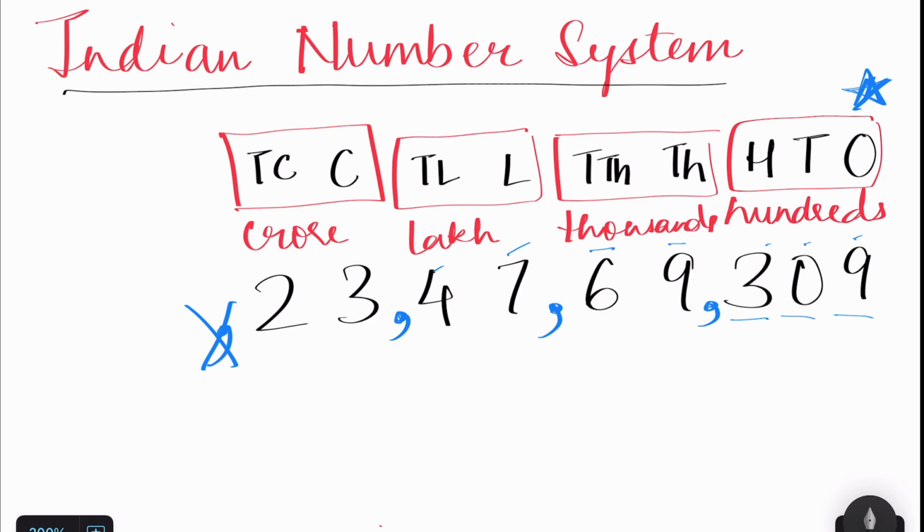It makes it easy to put the commas. So in the Indian number system, we have this pattern, right? So first three numbers, then two, then two, then two, and if there were any more numbers, again two, two, two, right? So that's how we place the commas in the Indian number system.